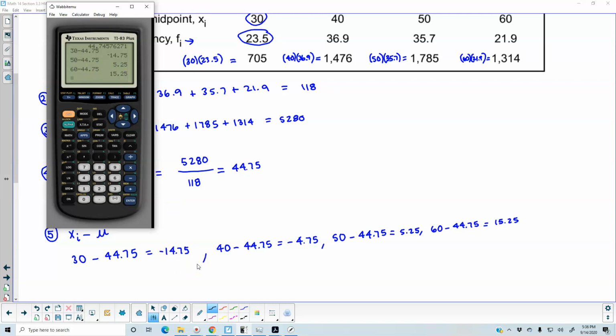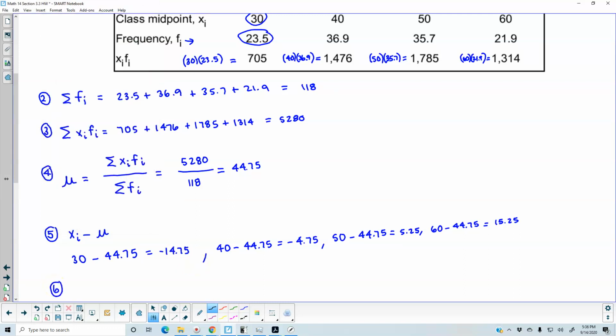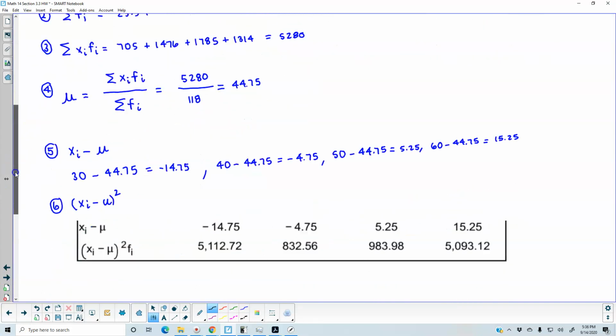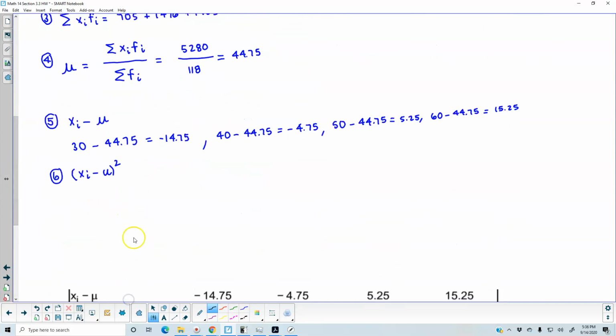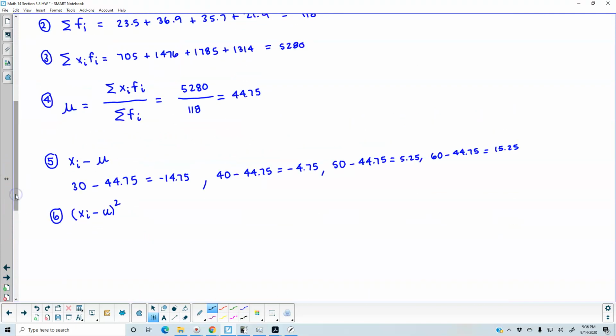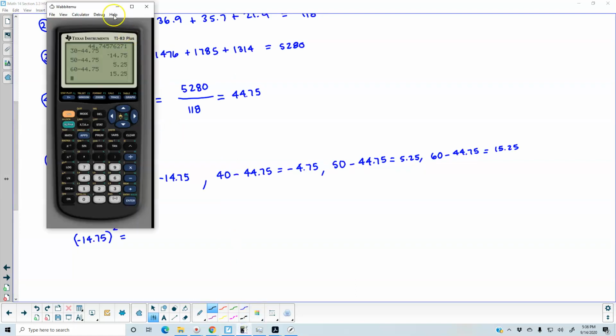Okay, now in step 6, what we want to do is take each of those values and square them. So we want to take negative 14.75 and square that. So let's go ahead and do that.